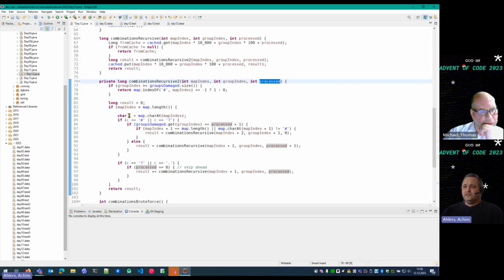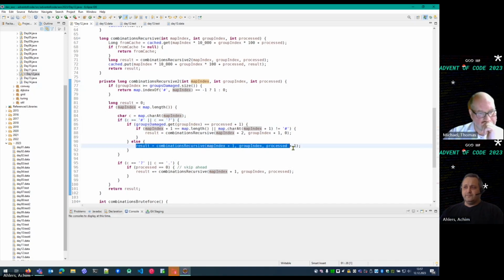So when we enter here, we look up the current character from our map data. And if it is a damaged hot spring or an unknown, we can process that as a damaged hot spring this way.